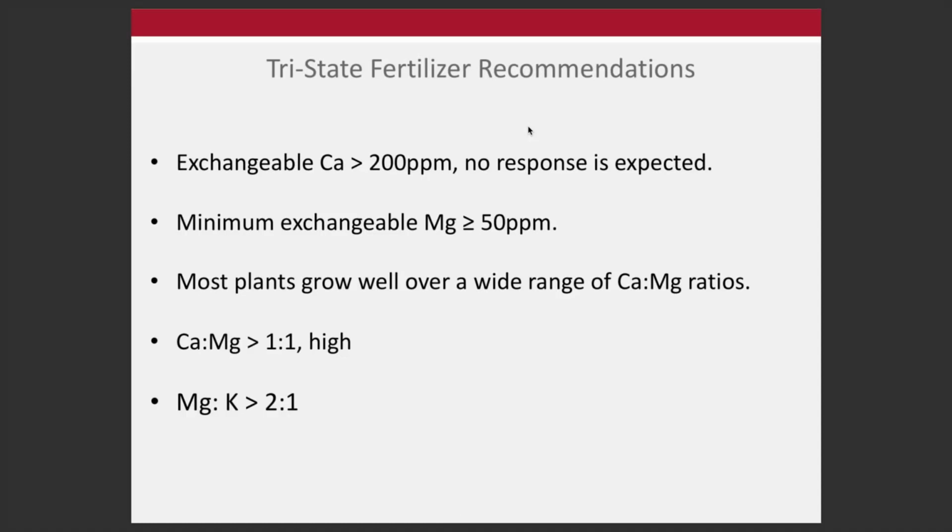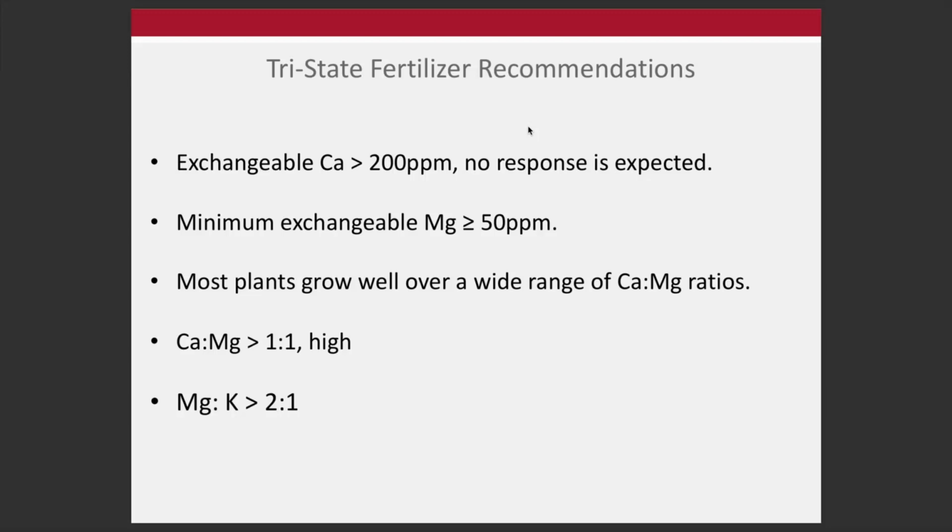Again, the Tri-State recommendations: if you read that section on calcium magnesium, these are the take-home points. Exchangeable calcium should be over 200 ppm. After that, no response should be expected. That's, again, a low bar. For magnesium, minimum 50 parts per million, so again, a very low bar.